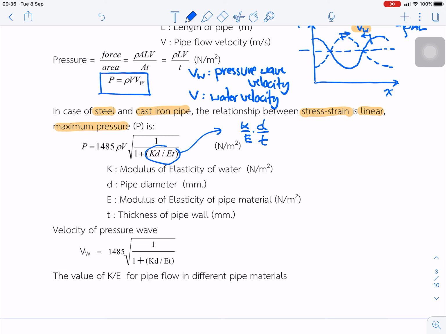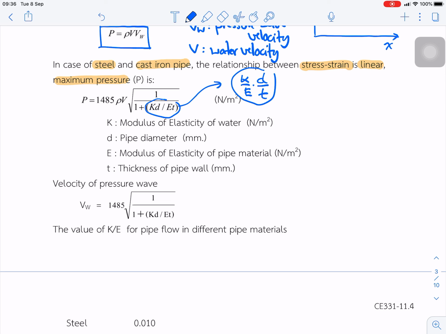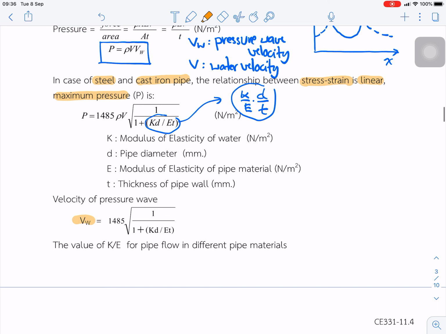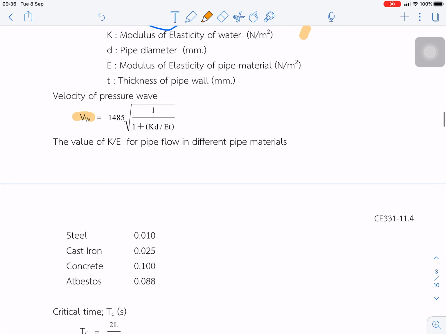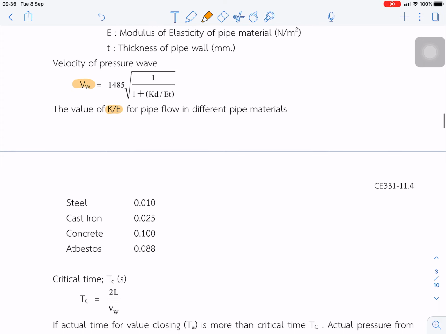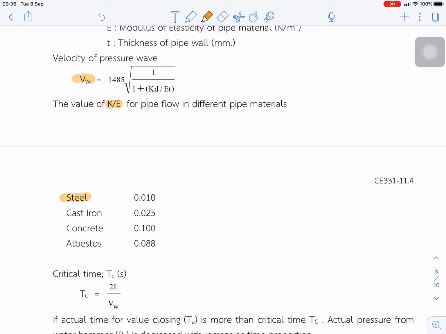You may learn this from a mechanics of materials course. And this is the equation for pressure wave velocity. See that the main parameter is K over E, the modulus of elasticity between water and pipe material, that is, steel or cast iron. So for steel and cast iron it is small, but the absorption is higher.